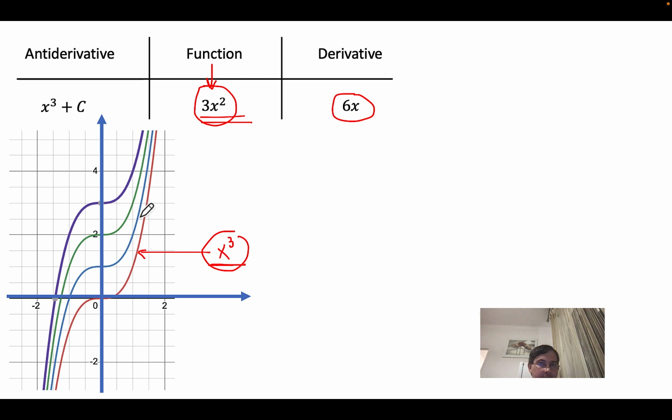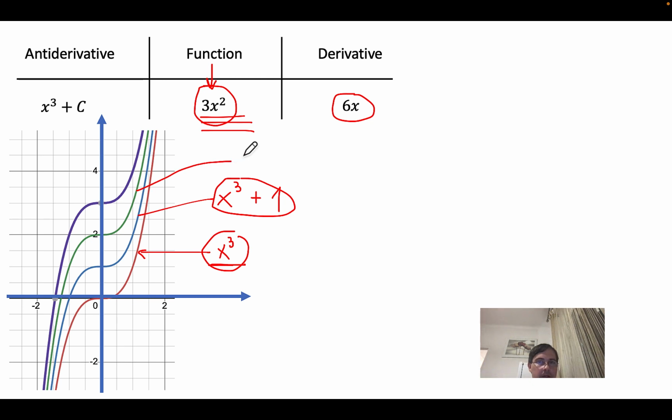This is another example of an antiderivative, the function x cubed plus 1. This is also an antiderivative of 3x squared because the derivative of this function is exactly 3x squared. And here is another antiderivative.